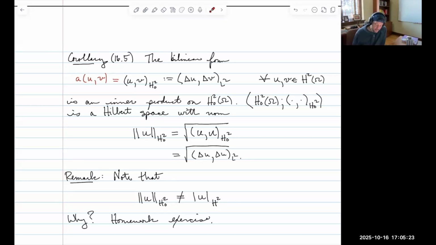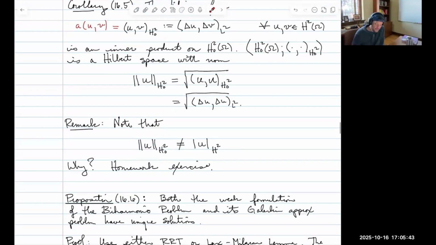And the norm, how do I get a norm? Well, I just take that inner product and put u in both the first and second slot, take the square root, and that defines a norm, if this truly is an inner product, which it is.